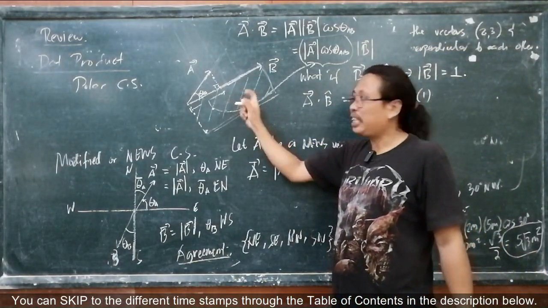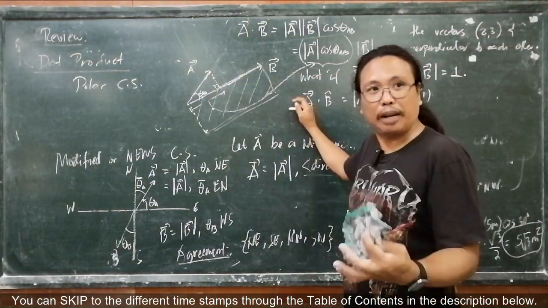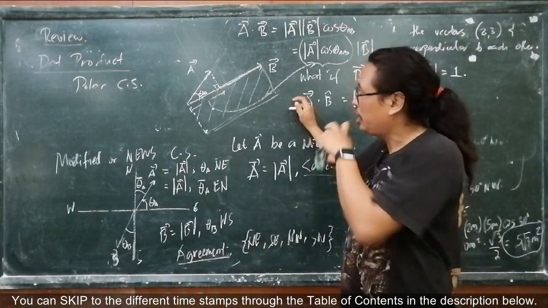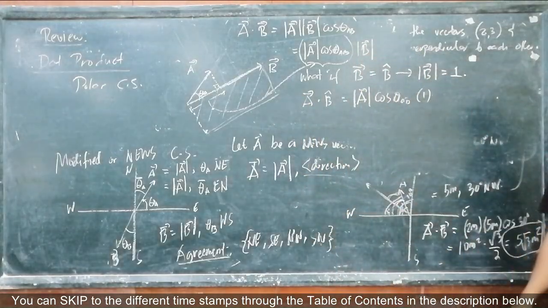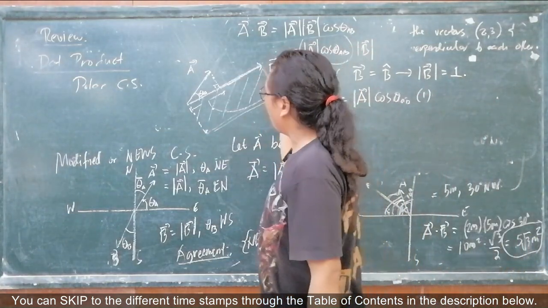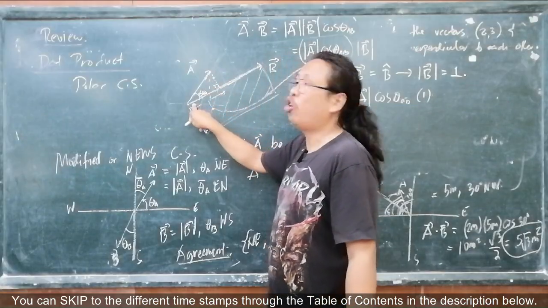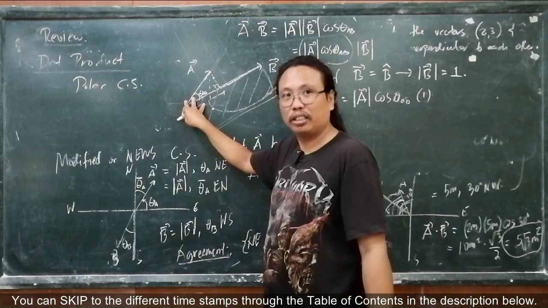Aside from the fact that the dot product helps us to identify or verify perpendicular vectors, it also gives us the notion of projection. In the component form, we know that AX is automatically the projection of A onto the x-axis.